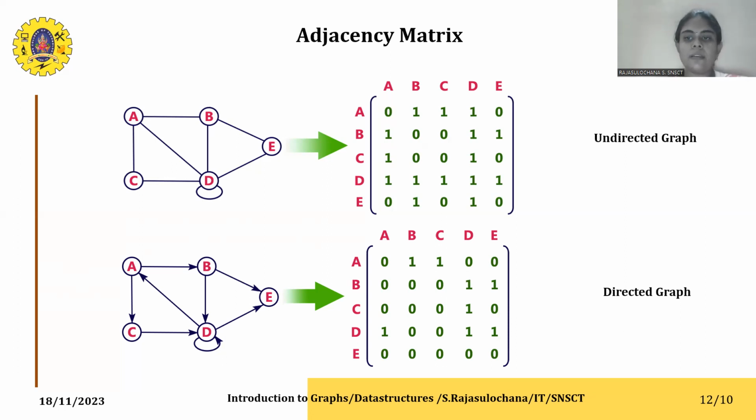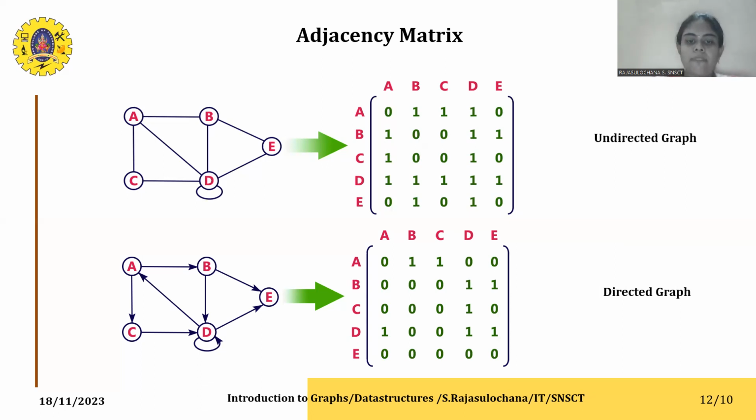Same is the case with a directed graph. In a directed graph, the edges are not two-way. The edges are one-way. So if there is an edge from A to B, that edge will not be considered as an edge from B to A. Here there is an edge from A to B, but there is no edge from B to A. If you look into the entries, rows represent the source vertices, whereas columns represent the destination vertices.